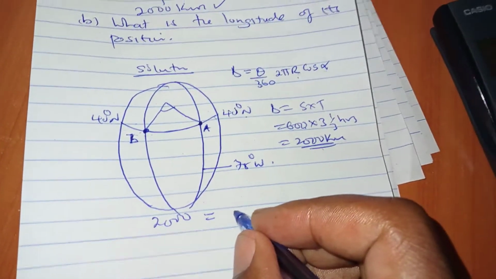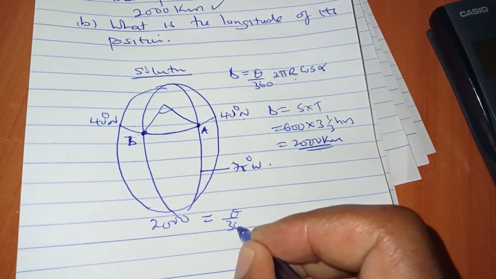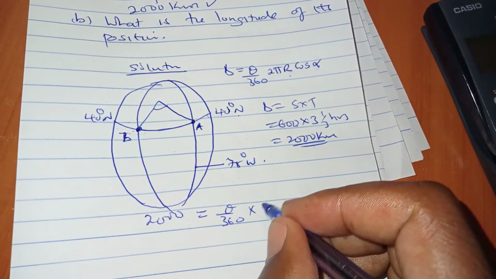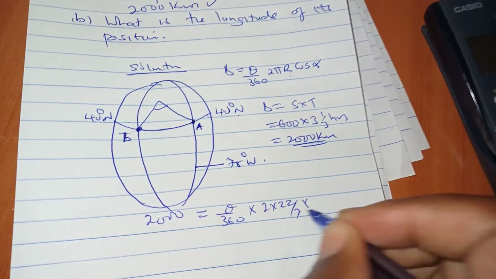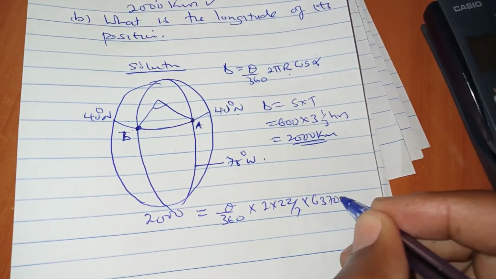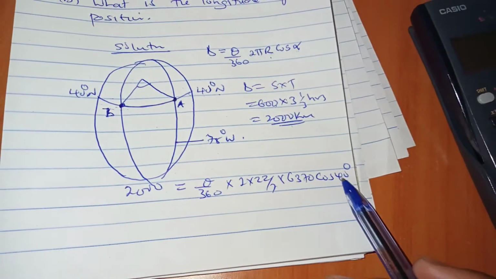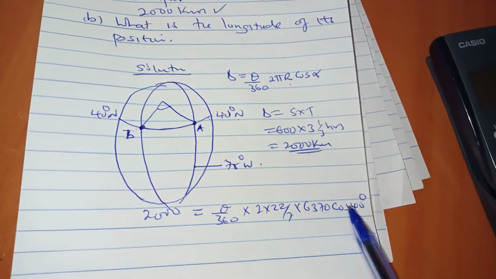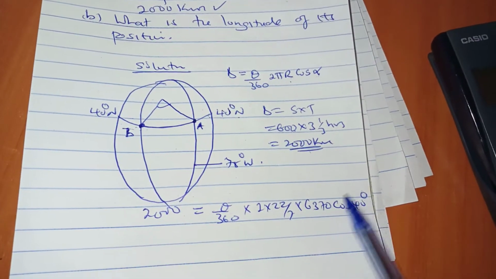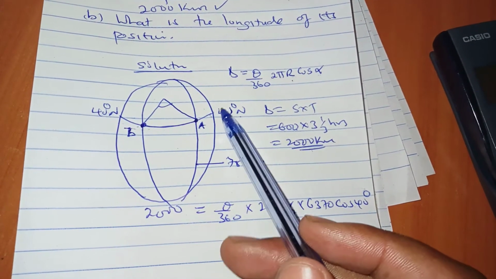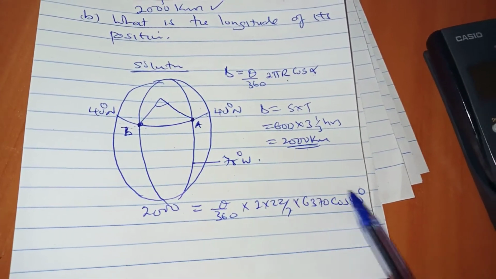which is our distance, equals theta, which we don't know and are looking for, times 2 times 22 over 7 times 6370 cosine of 40 degrees. You can see what I was saying, that when you have a small circle, we have cosine of alpha, which assumes this latitude here.